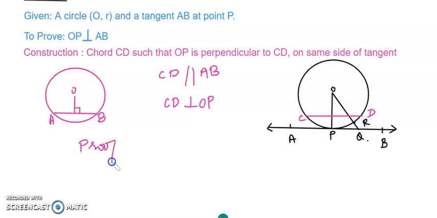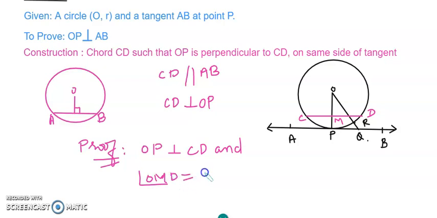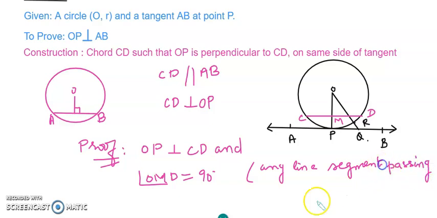So first thing we'll say that since OP is perpendicular to CD, and, let me name this point M, angle OMD is equal to 90. Why? Because any line segment passing through the center is a perpendicular bisector of the chord, right?